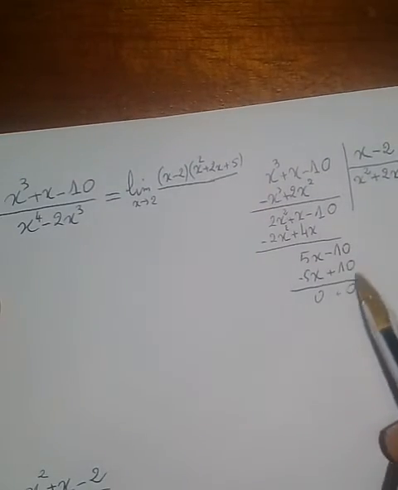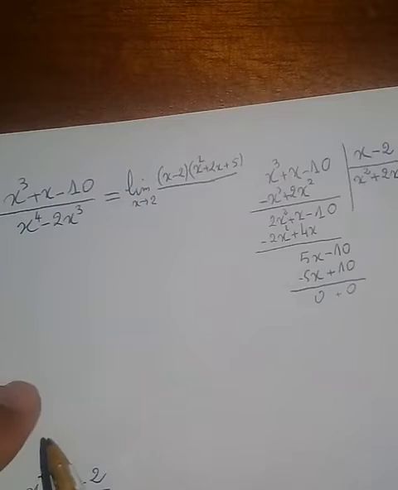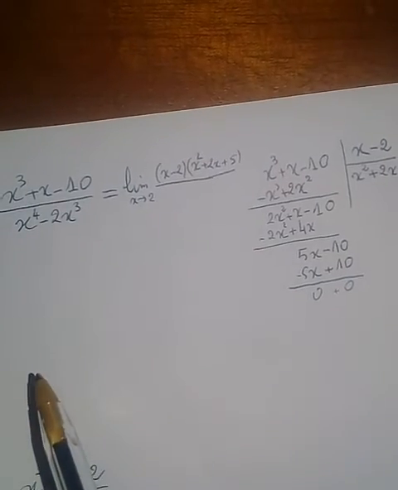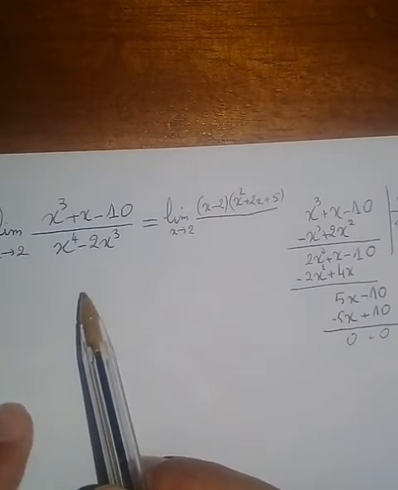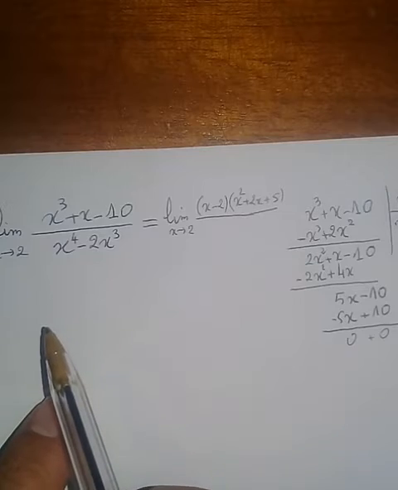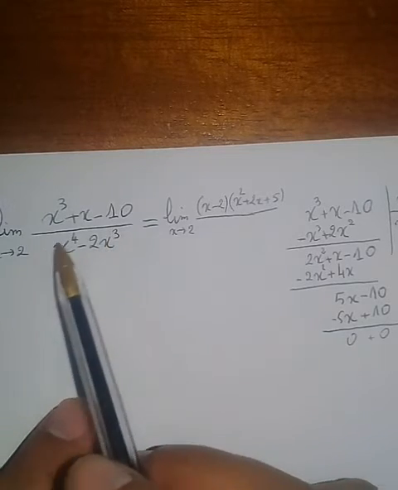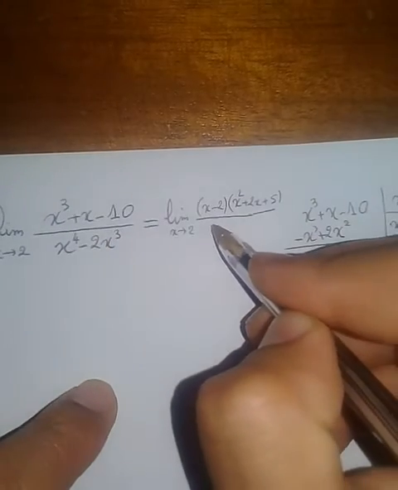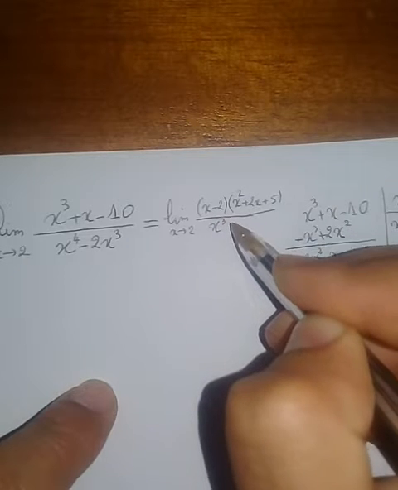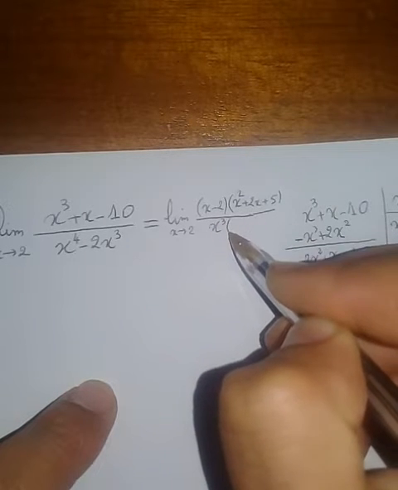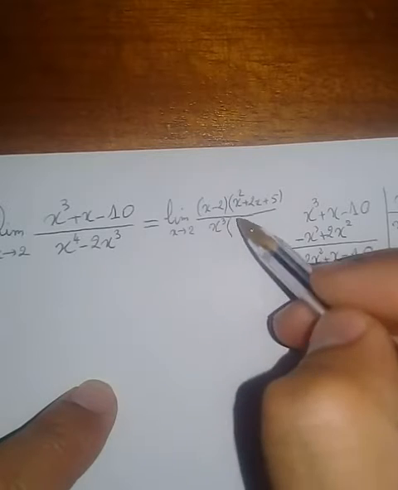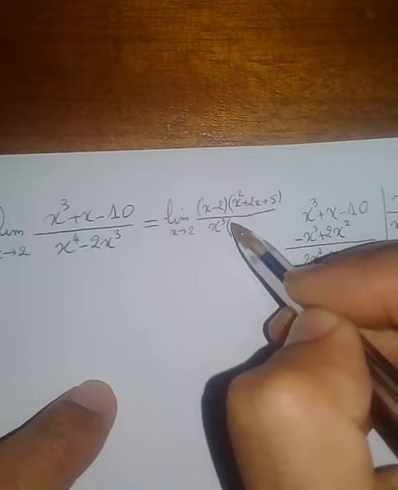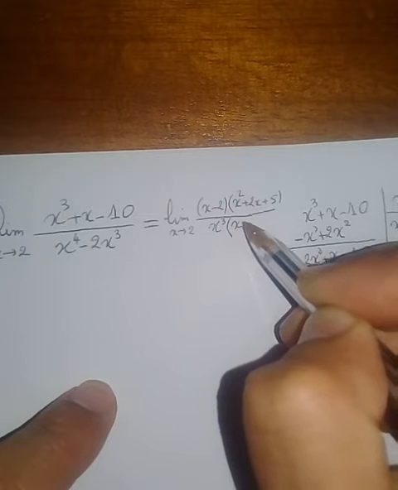And we've got no remainder left. I can do the same thing with the bottom, but we clearly see that here we can factor out x to the third, and it's x minus 2.